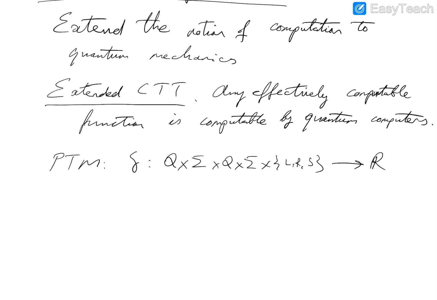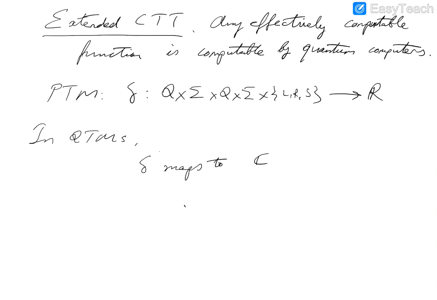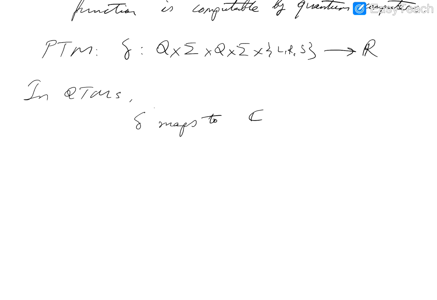In the case of quantum Turing machines, the transition function delta maps to a set of complex numbers, which we call the amplitudes of the transition.